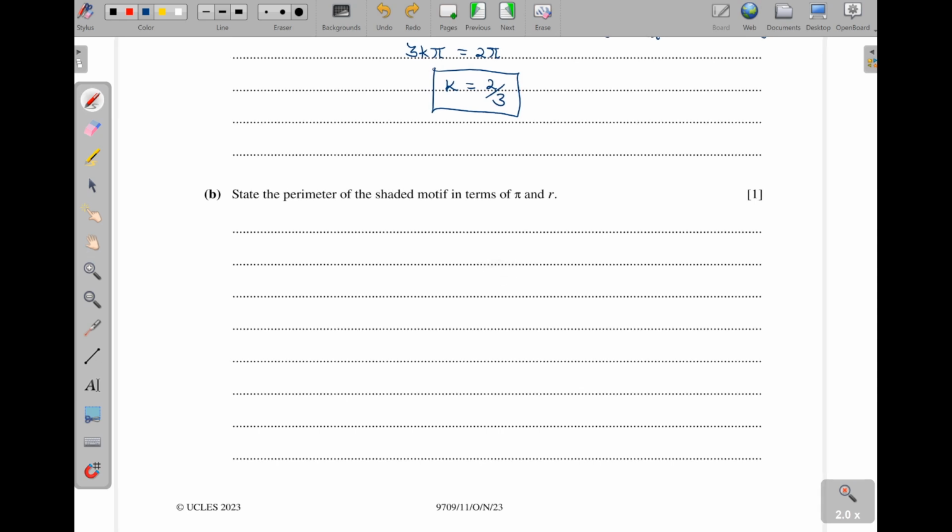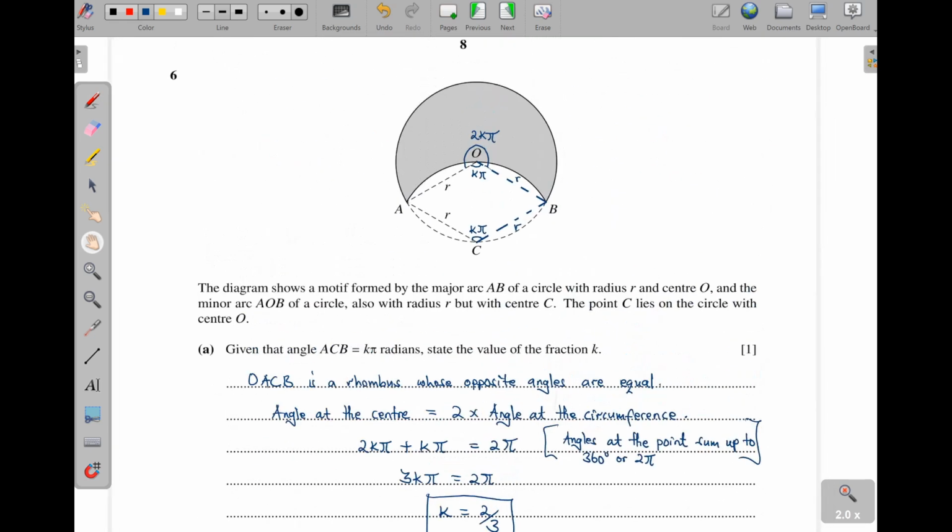Remember, perimeter is the sum of the lengths around the shape, right? So perimeter of shaded motif. Let's go back and check.